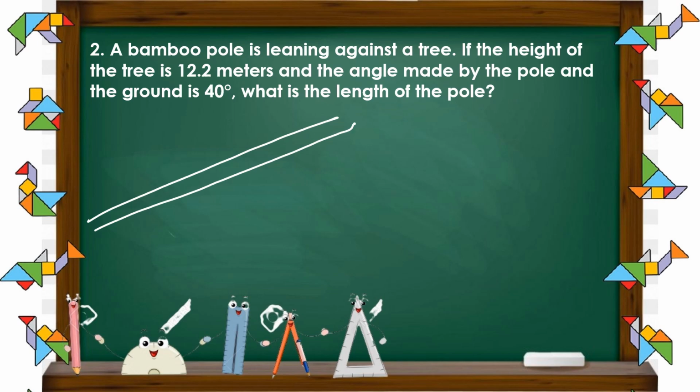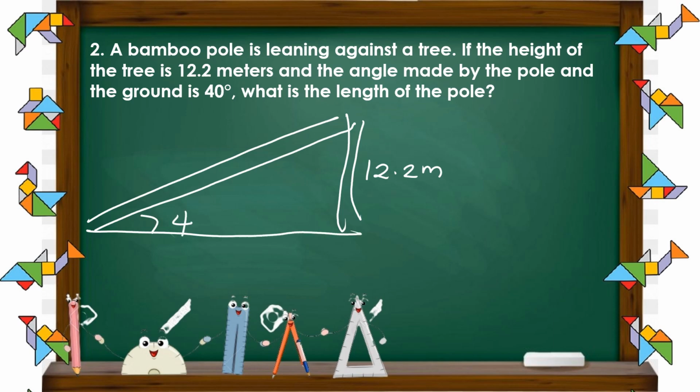If the height of the tree is 12.2 meters, and the angle made by the pole on the ground is 40 degrees, what is the length of the pole? So, we're going to find this one. The angle made on the ground is 40 degrees. So, this is the unknown.